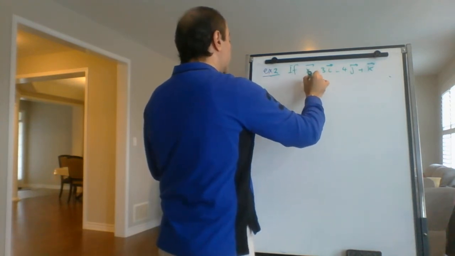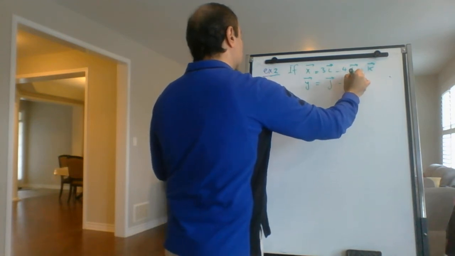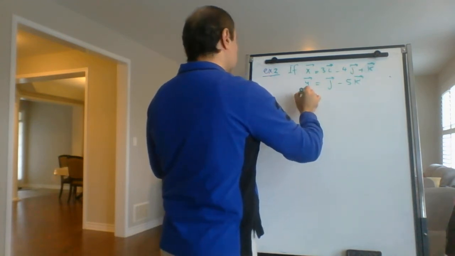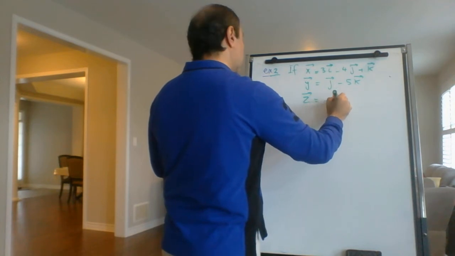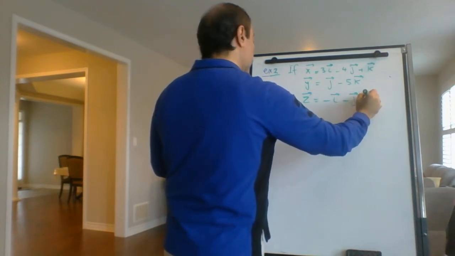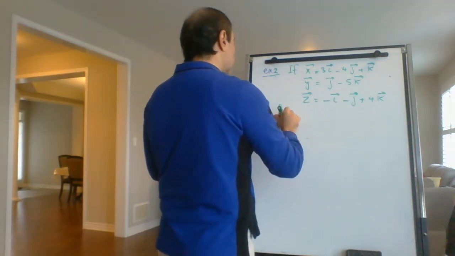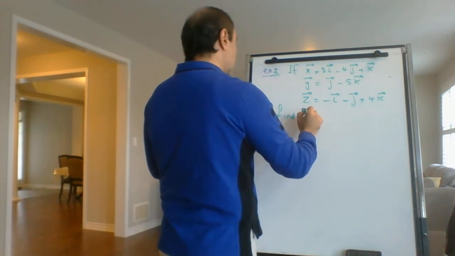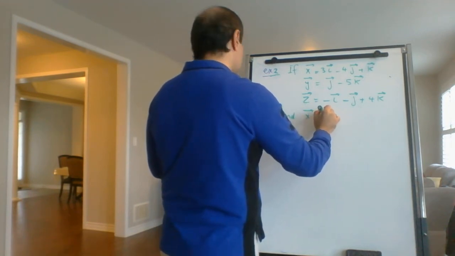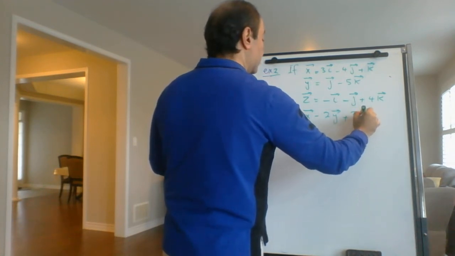And vector y equals j minus 5k, and vector z equals negative vector i minus vector j plus 4 times vector k. We need to find vector x minus 2 vector y plus 3 vector z.